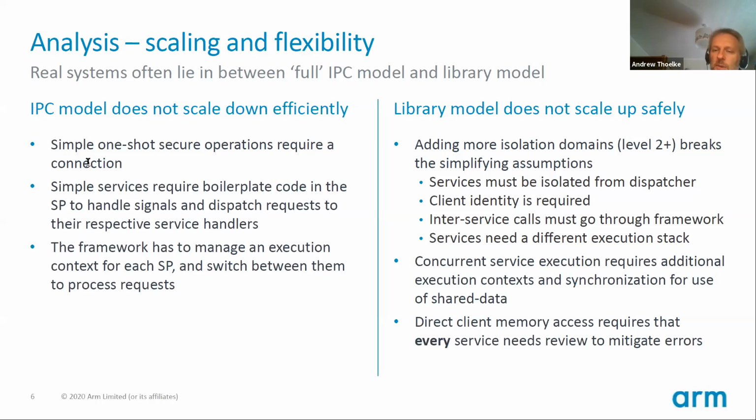And the direct client memory access requires that every service needs to be reviewed carefully to mitigate the errors which the IPC model API prevents by API design. And that's a trade-off that the library model made for efficiency, but it requires an inefficiency in terms of being very, very much more careful with the actual software development inside the service. And it's every service that needs to be reviewed to verify that it hasn't made mistakes with the memory handling.